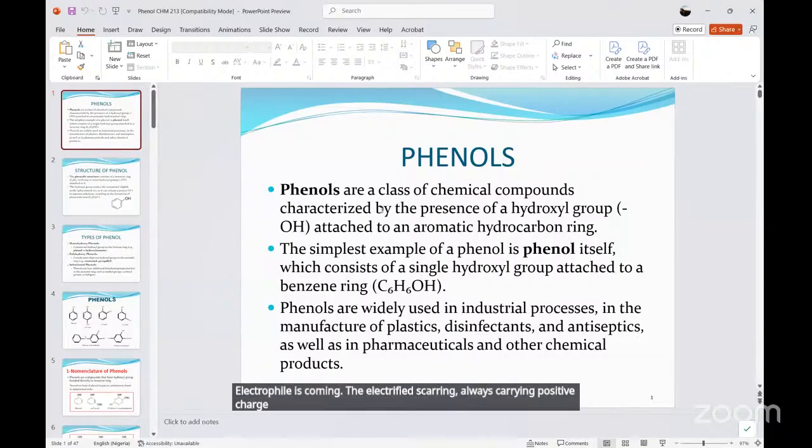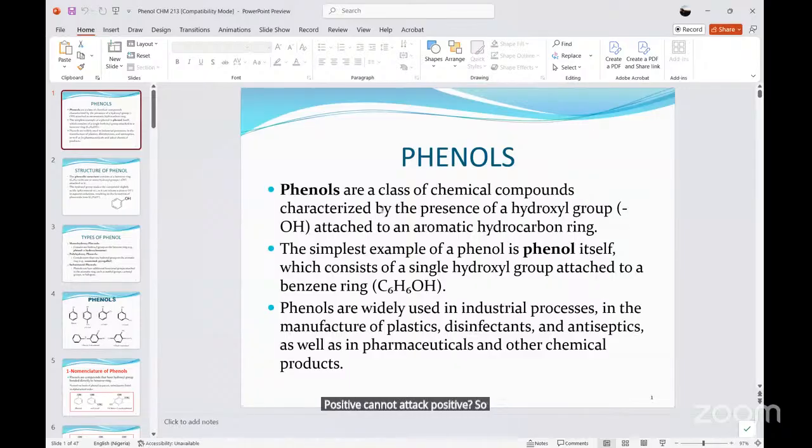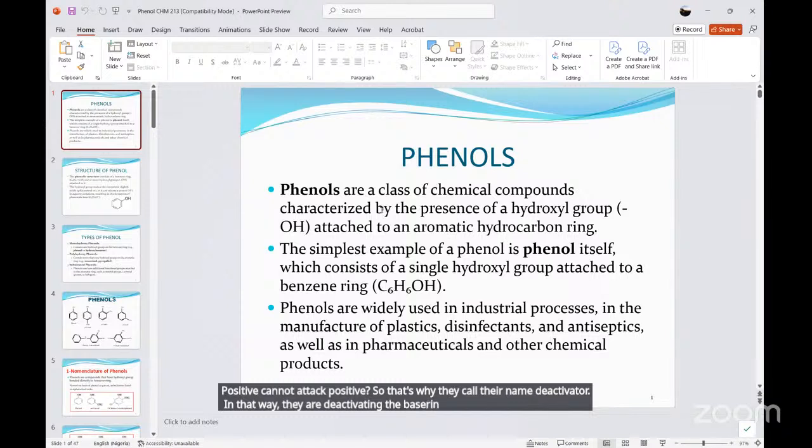And if the substituent on the benzene is removing electrons from the benzene and causing it to be a bit electron deficient and positive, positive cannot attack positive. So that's why they call them deactivators. In that way, they are deactivating the benzene, and they will not allow an electrophile to react with the benzene.